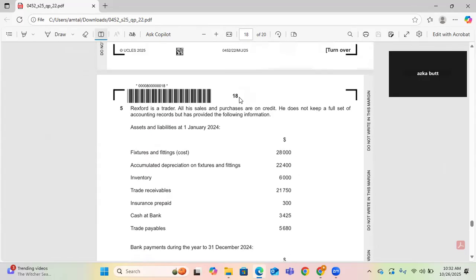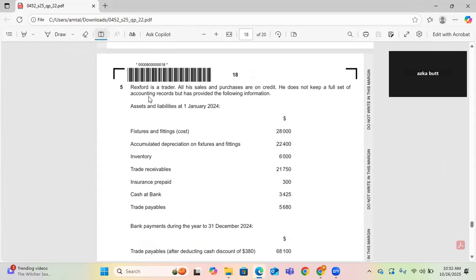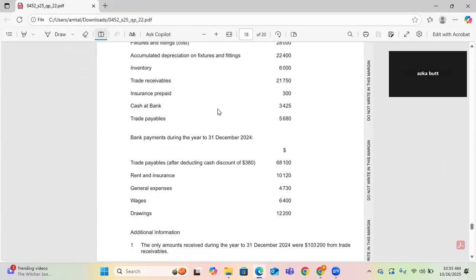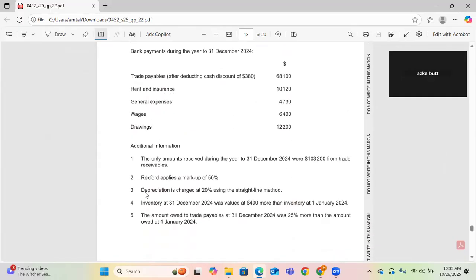Let's read the question. Rexford is a trader and all his sales and purchases are on credit basis, and he does not keep a full set of accounting records but has provided the following information. We have the assets and liabilities at the start of the year, then some bank payments during the year, and then some additional information.